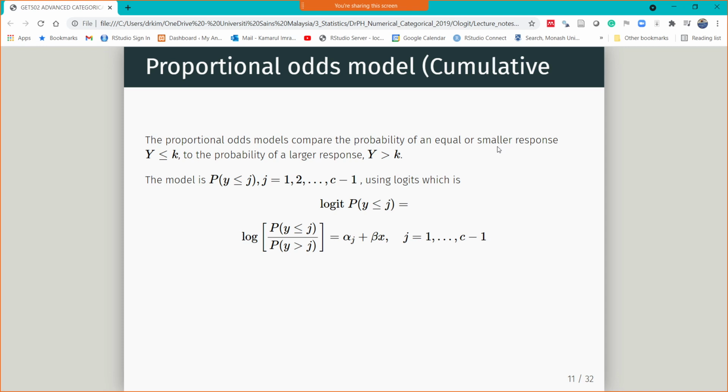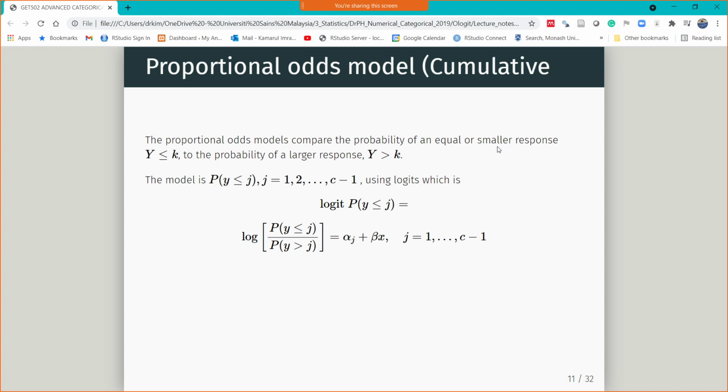So for example, instead of 1 versus 2 plus 3 plus 4, it will compare 2 versus 1, then 2 plus 3 versus 1, then 2 plus 3 plus 4 versus 1, something like that.